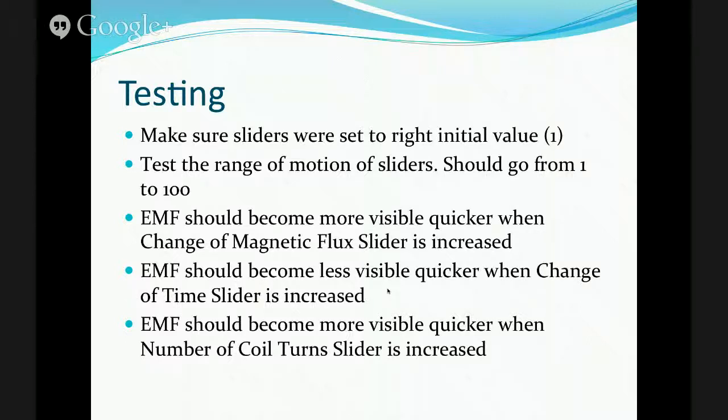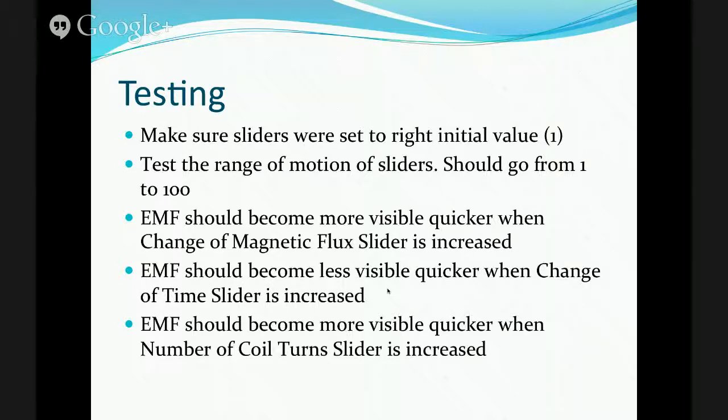EMF should become less visible with the change of time slider, which works in opposition. As the change of time is increased, the dot becomes a line as it grows, and it shrinks as a line when you raise the time slider.